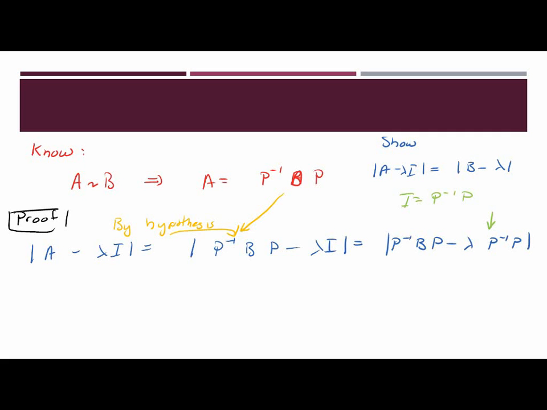I'm using here that I is P inverse times P. So I'm going to factor the P inverse out to the left and factor the P out to the right. I knew that I was going to do this at that step. That's why I did that step. Why would I know to do that? I've seen it before. So now you've seen it before. When you see something similar to this kind of problem, you would use that same trick again.